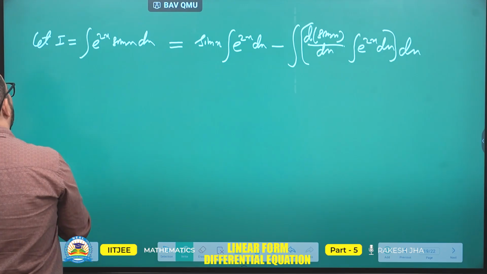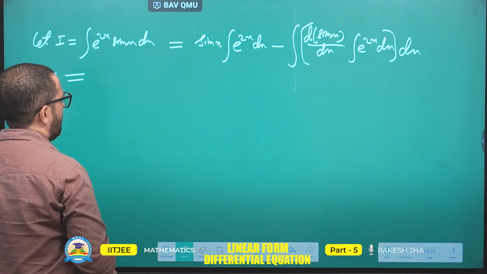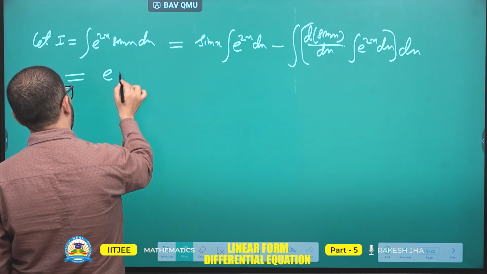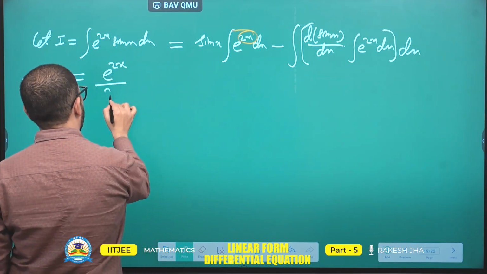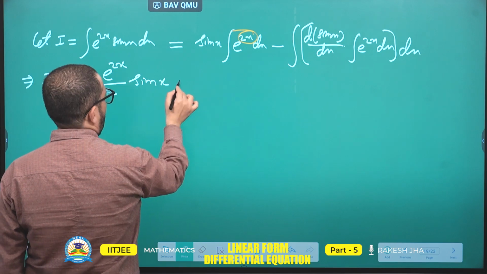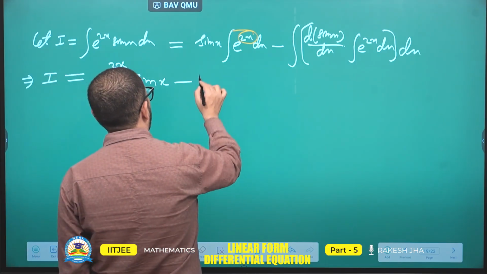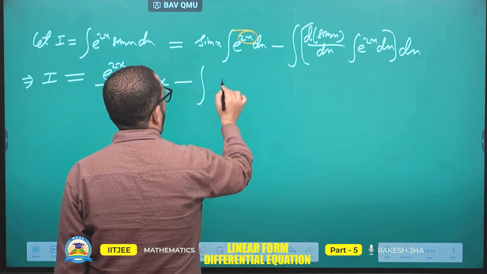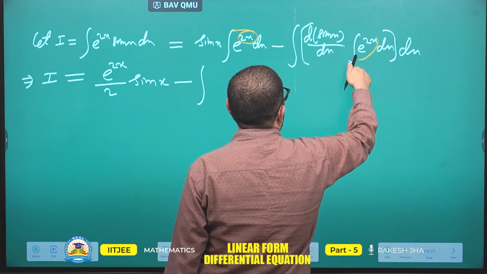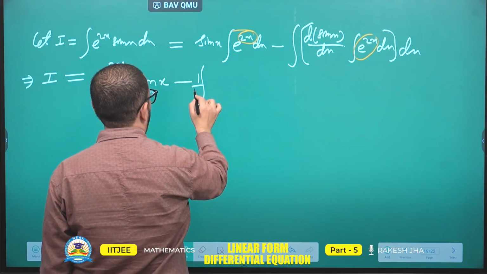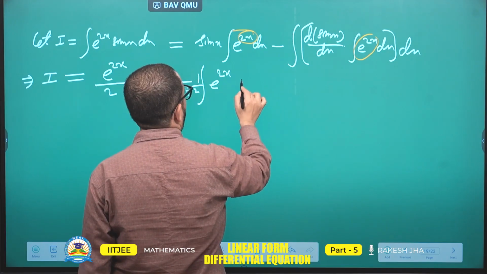So the next step implies that I is equal to e raised to the power 2x, and then the differentiation of 2x is 2, so it will be divided by 2, times sin x, then minus the differentiation of sin x, which is cos x, so we can write here 1 upon 2 and e raised to the power 2x and then cos x dx.